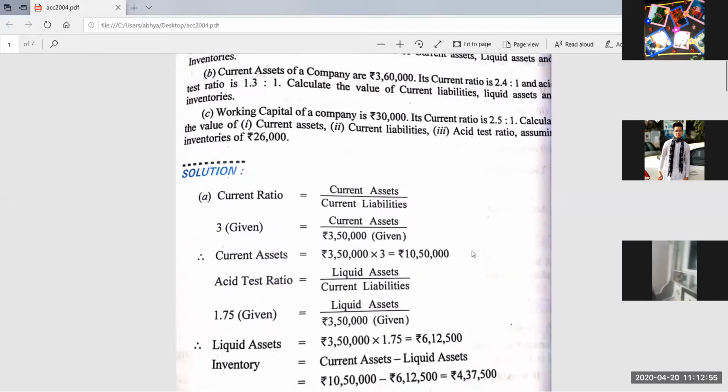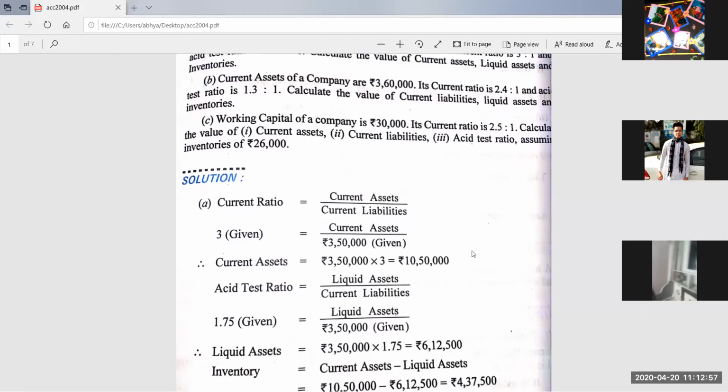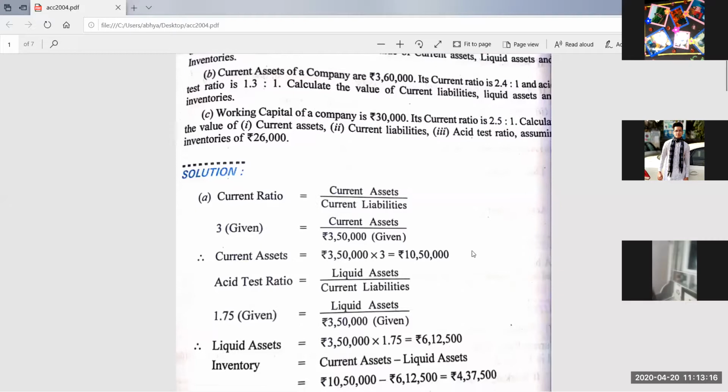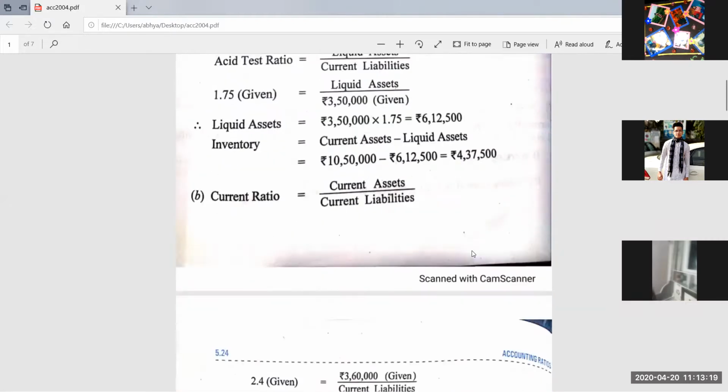In the second question, current assets of a company are 3,60,000. Current ratio is 2.4:1. It means current assets are 2.4 times the current liabilities. And acid test ratio is 1.3:1. Calculate the value of current liabilities, liquid assets and the inventories. And here is the answer.